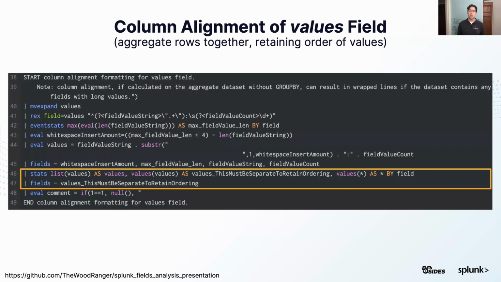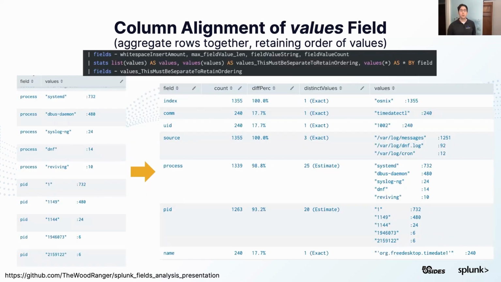Last, we must consolidate our rows back together while maintaining that descending order of count values. The stats values function natively sorts based on lexicographic ordering, deduplicating all of the found values in the data for the field you specify it against into a single multi-value.